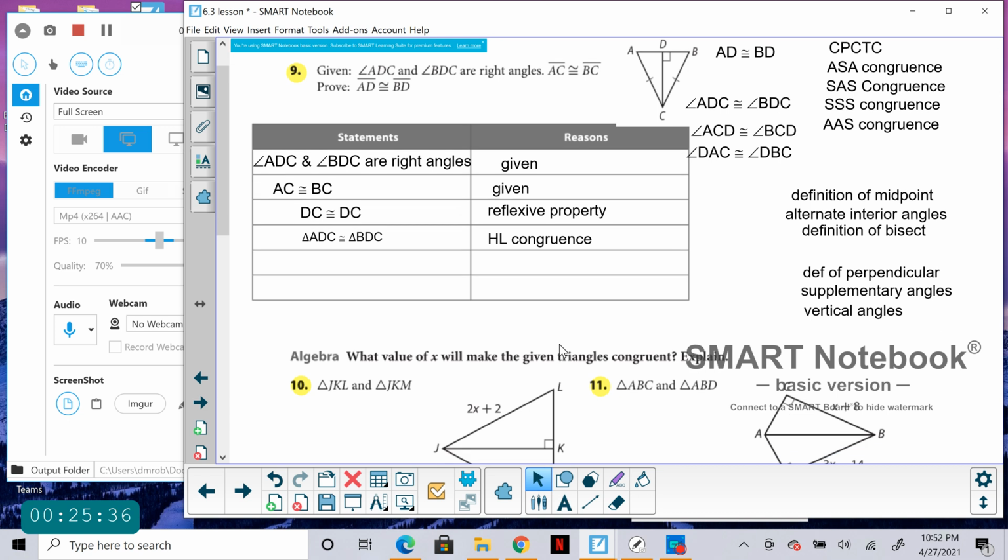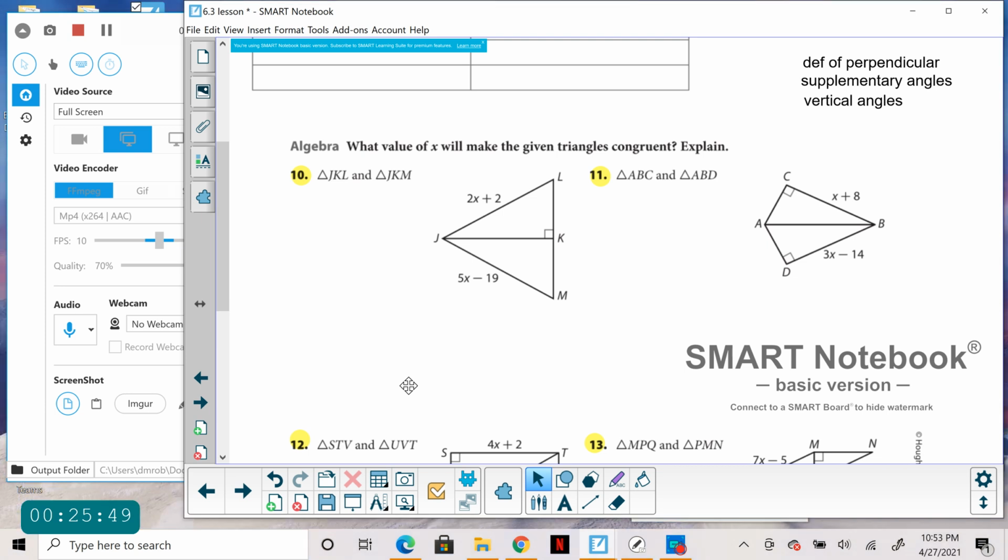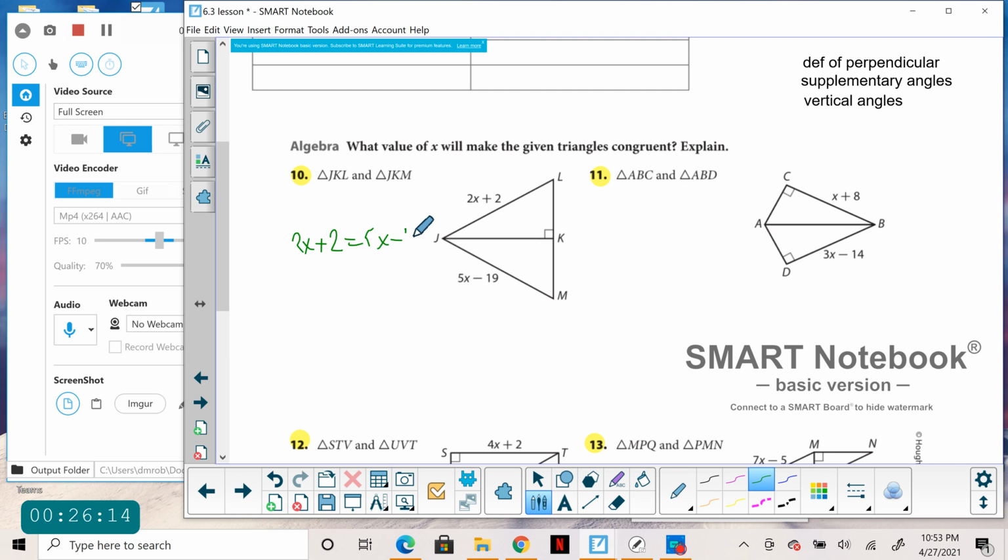Okay, so here we have algebra again. So we want to solve for x to make our triangles congruent. That means that since they both look like they're the hypotenuse sides, we want to set them equal. 2x plus 12 equal to 5x minus 19.